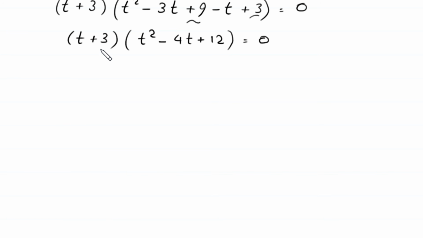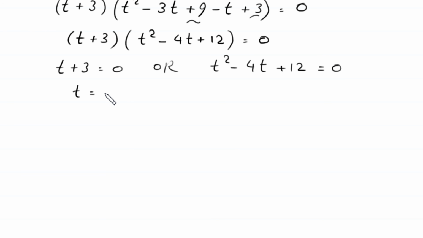Now from here, either the expression t plus 3 is equal to 0, or the expression t squared minus 4 times t plus 12 is equal to 0. From the first equation we get t is equal to negative 3, and for the second equation we check whether the discriminant is less than 0 or greater than 0.